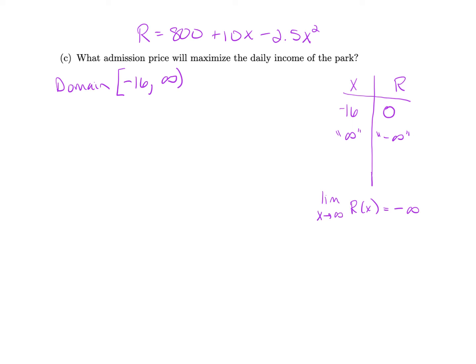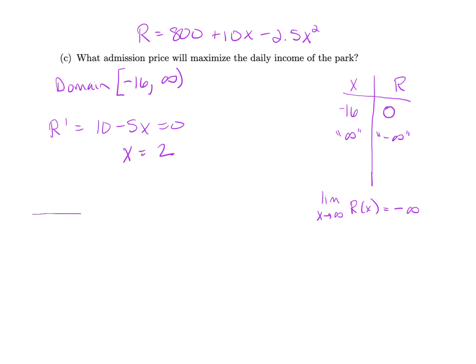Now to add critical points to the table, I take r prime, which is 10 minus 5x, and I set it to 0. And I solve for x, and I get 2. So I should confirm that this is a maximum, that this will maximize revenue, because I don't have a standard endpoint to check. I don't have a closed interval.